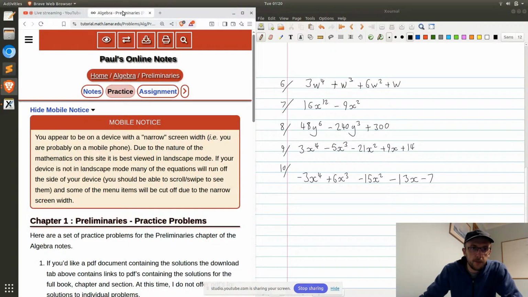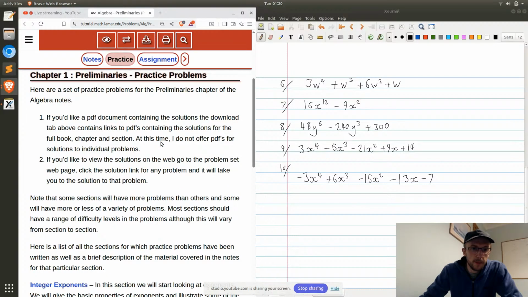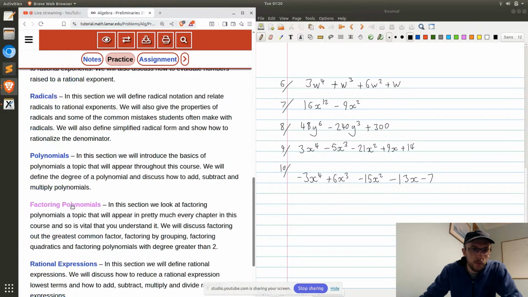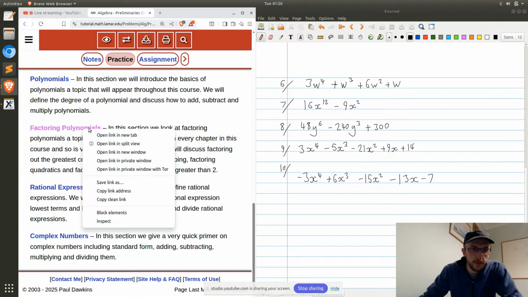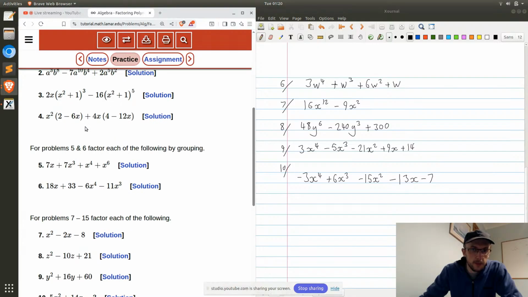Next up, I'm going to try factoring polynomials. I'm up for it.